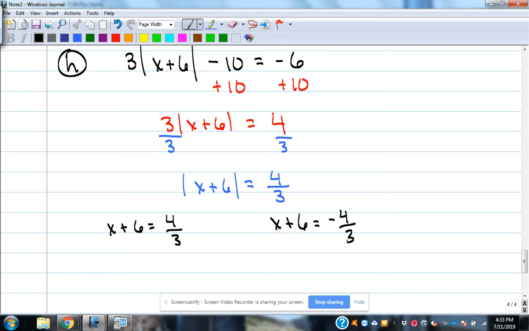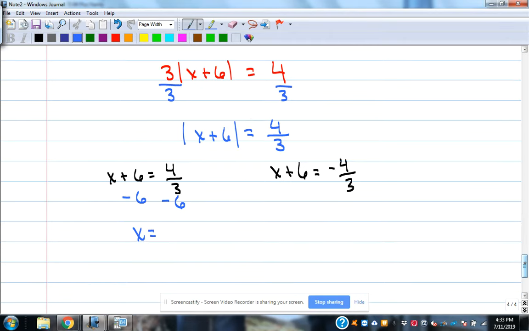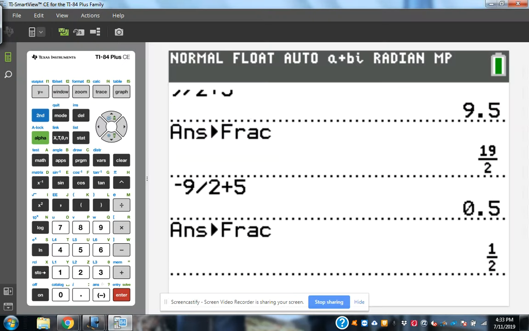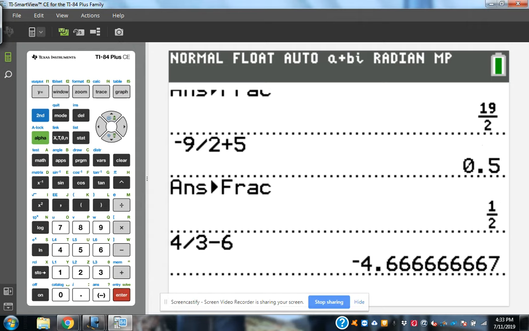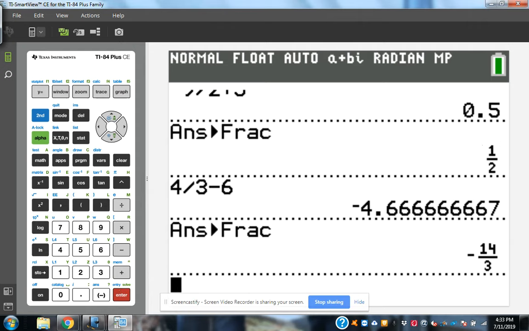I'll subtract 6 and just use a calculator. 4/3 minus 6 is negative 14/3.